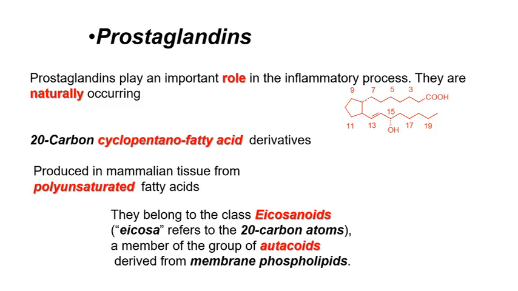Count them, please. You are going to find that there is a cyclopentane ring including carbons number 8, 9, 10, 11, and 12. They are all derived from mammalian tissues. Their precursor is a polyunsaturated fatty acid, which we are going to see in the coming slides. They are pharmacologically named as eicosanoids.